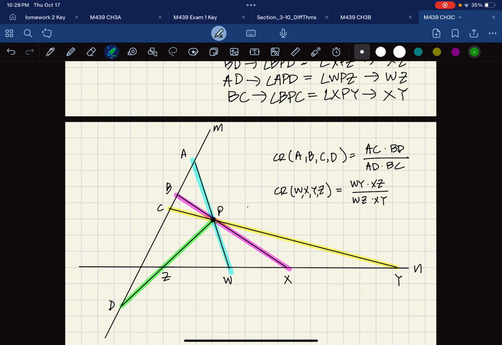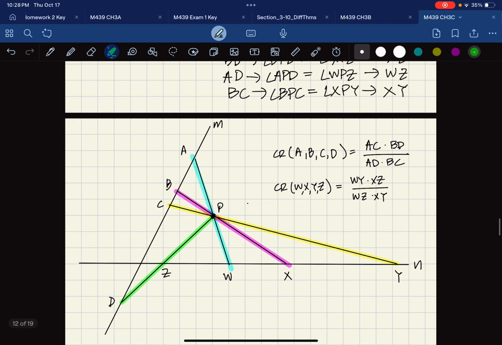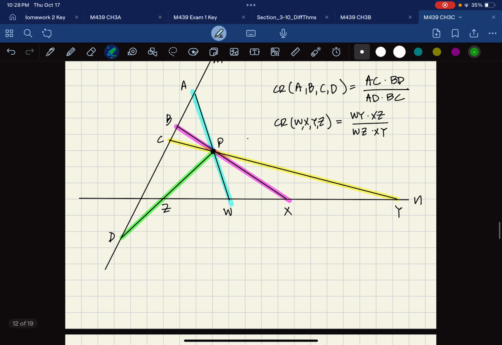So, in this setting, it just seems really unlikely that we're going to get something as clear as what we got above. But let's just see what happens. If we look at the first piece here, again taking our intuition from the last page, if we look at AC, we can see that AC is associated with this angle APC, which turns out to be what we're shooting for, to get it associated with WY.